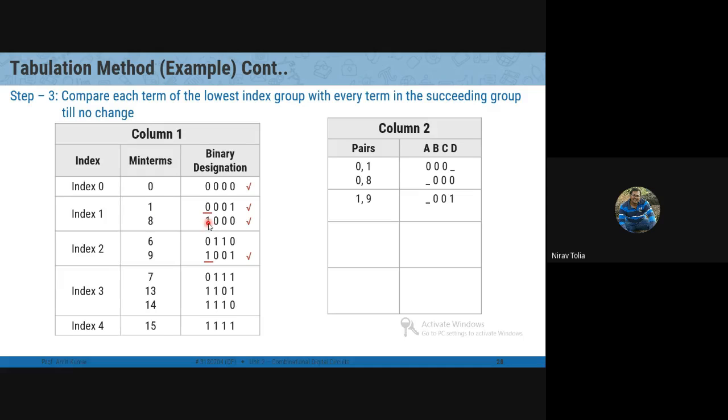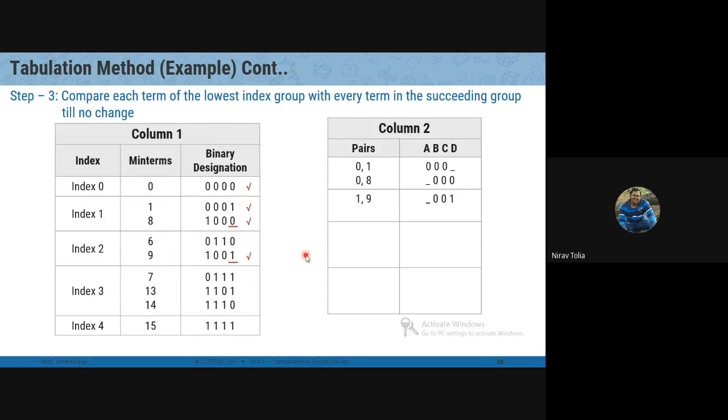So the first one remains the same 1, B remains the same 0, C remains the same 0. Only D is changing from 0 to 1. So only one change is there. So now there is a possibility of 8 and 9. The pair is possible between 8 and 9.